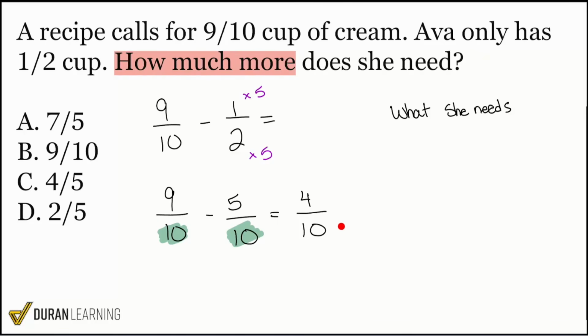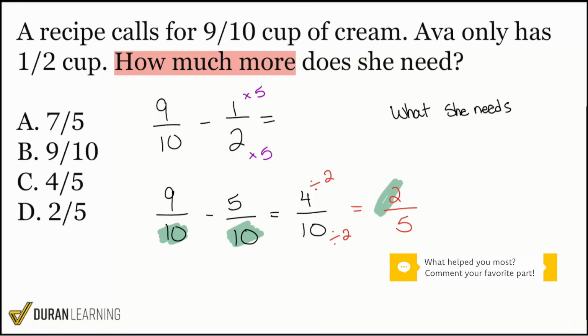That means I can divide a 2 out of 4, and I can divide a 2 out of 10. Watch what happens. Divide by 2 up top and on the bottom. 4 divided by 2 is 2. 10 divided by 2 is 5. And there we are. Our correct answer for this one, my party people, is going to be answer choice D, 2/5.